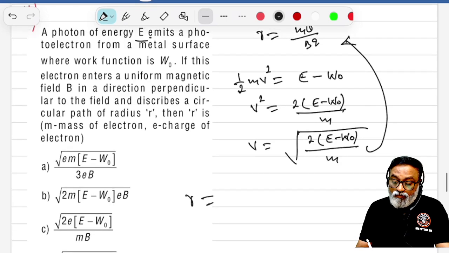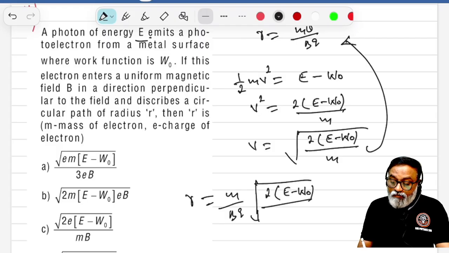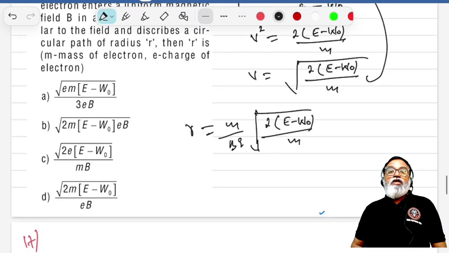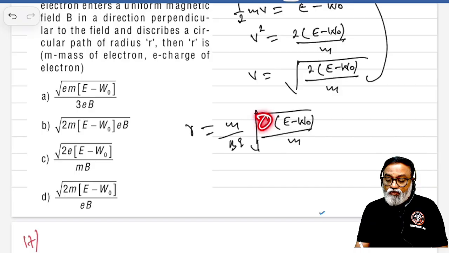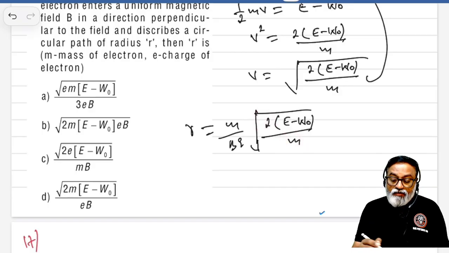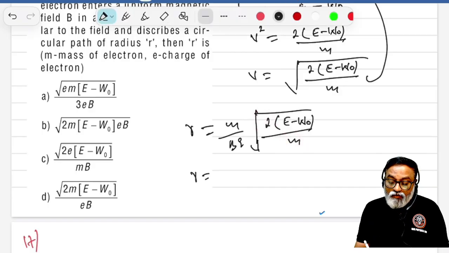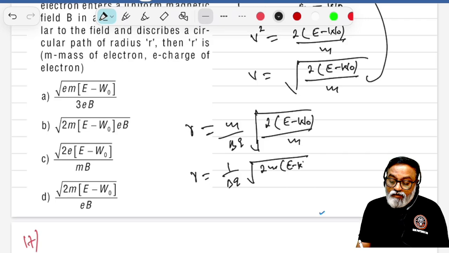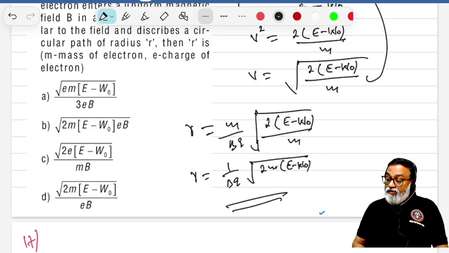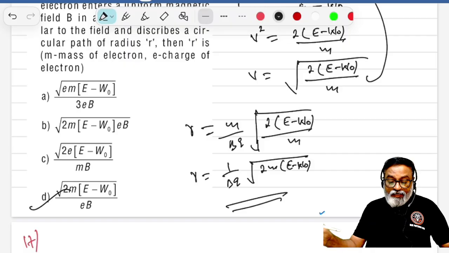Therefore, R is equal to m by Bq into the square root of 2 into E minus W naught by m. When this m is taken into the root, it becomes m square, and one m cancels. Therefore, R is equal to 1 by Bq into the square root of 2m into E minus W naught. This is the answer. Answer D is correct.